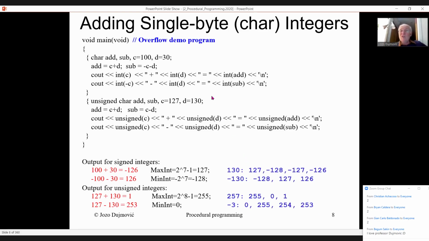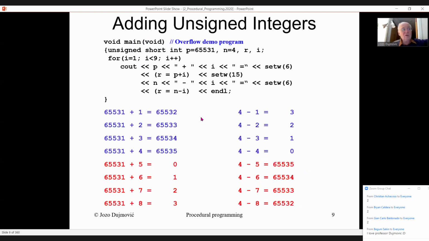If you want to see this phenomenon, always work with character variables because this is easily visible. But don't think that if you have integers that it is going to be different. No, it is going to be the same kind of problem. So here is short integer. If I say unsigned short, then the largest value in short integer is 2 to 16 minus 1, which is 65,535.